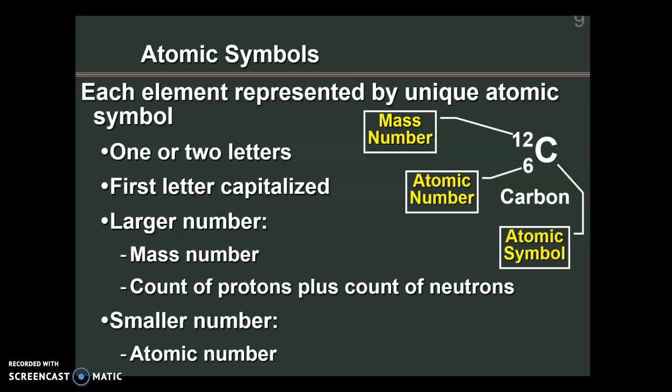So carbon always has 6 protons in the nucleus, and the mass number is 12 there, so that tells us that in this case it has 6 neutrons in the nucleus. If the mass number was 13, say we had a heavier carbon, the atomic number would stay 6, but the mass number being 13 would tell us that there are 7 neutrons in the nucleus.